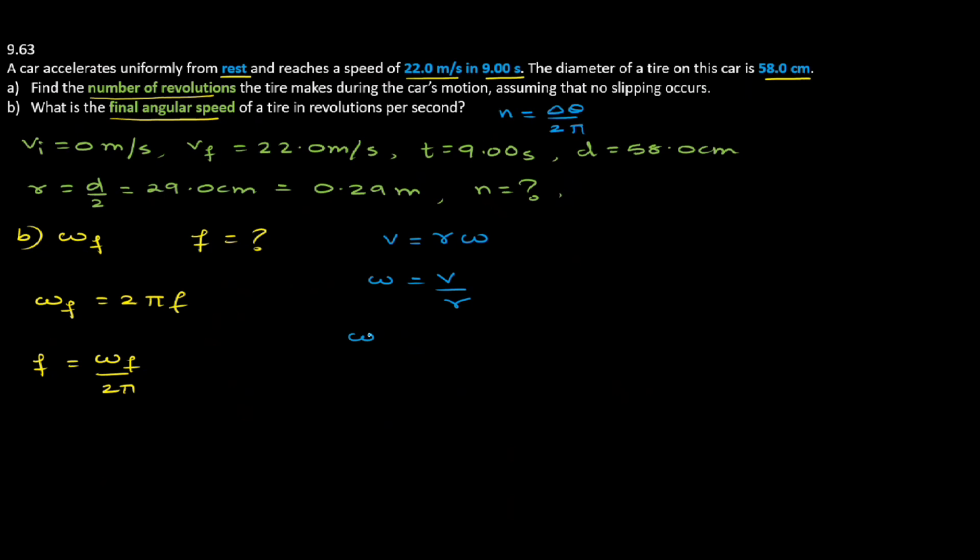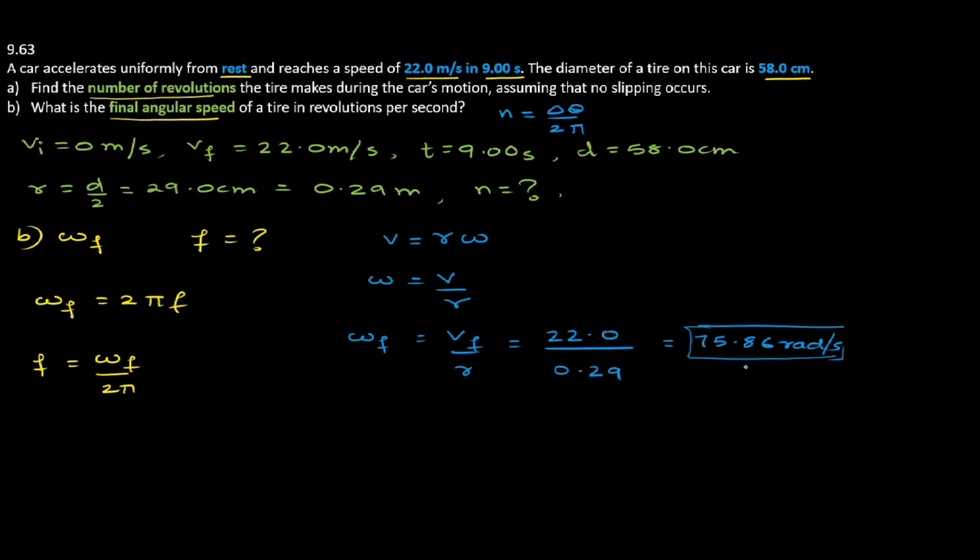So we can get omega final as v final over r, where v final is 22 meter per second. The radius is 0.29. And when you solve this, you get omega final as 75.86 radian per second.